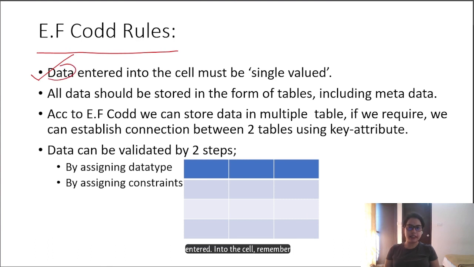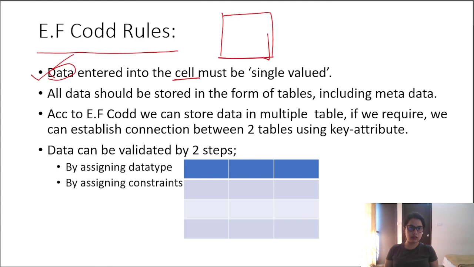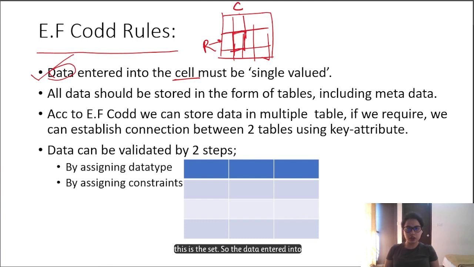So the data entered into the cell, remember the cell is this part, right? Remember? So the intersection of record, which is row and column, is your cell. So this is a cell. So the data entered into the cell must be single value.